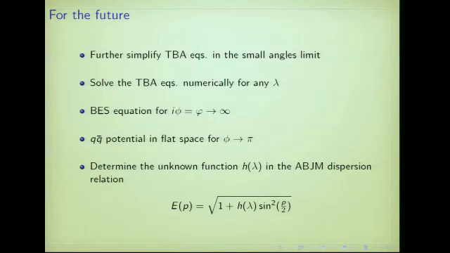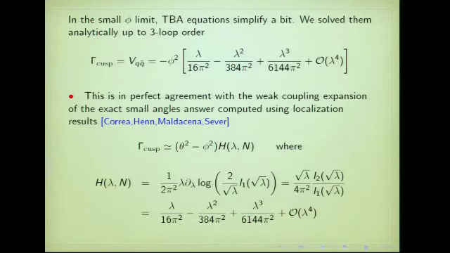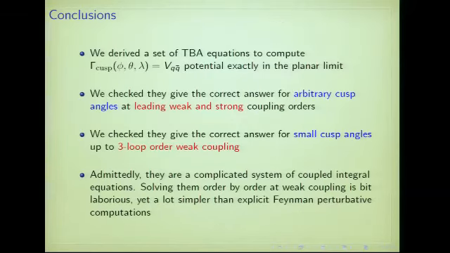So, for the future, what you could be interested in considering is, as I said, the TBA equations simplify a bit in this small angles limit. I didn't show any detail, but it wasn't easy. You had to work quite a lot to get order by order. While using these localization techniques, the full exact answer is known. So you would expect that if by some means you get a simple exact answer, maybe there is some simplification one is overlooking in the TBA system.